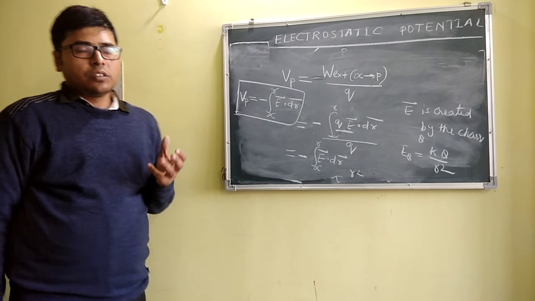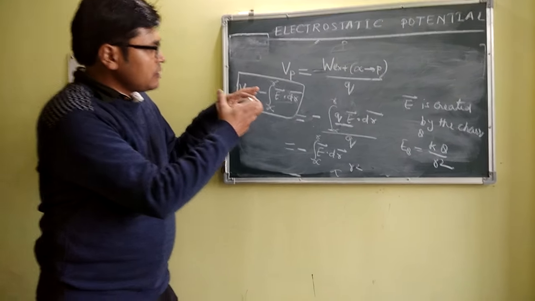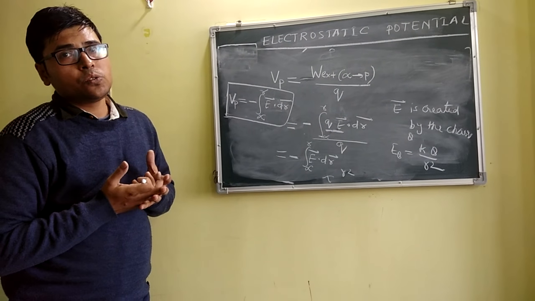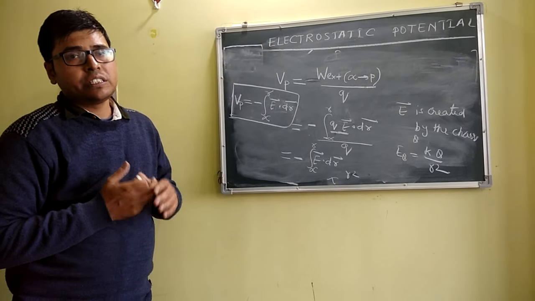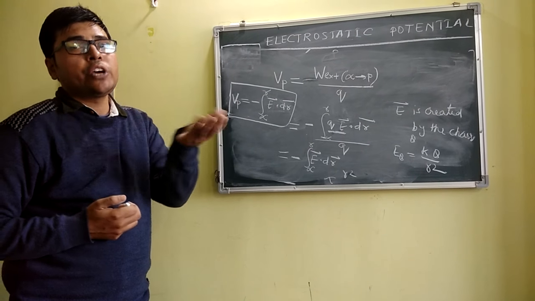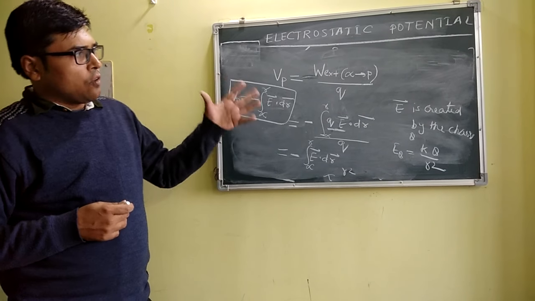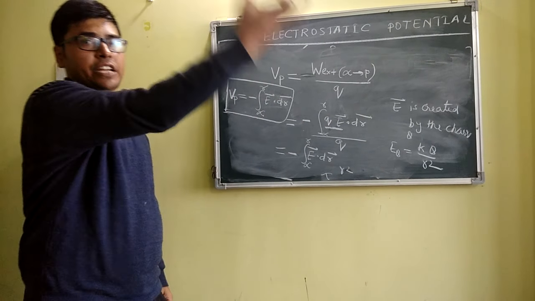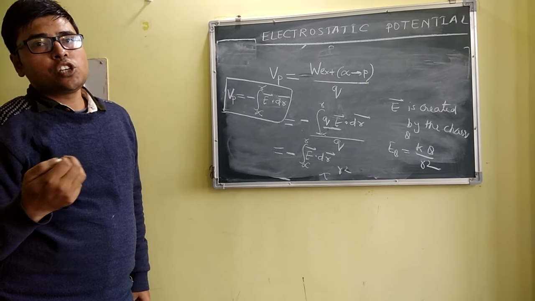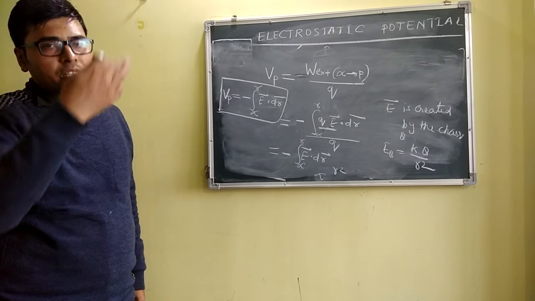So what we did actually, we applied the external force, which was exactly equal to the electrostatic force. Then we evaluated the work done of this external force, and this work done per unit charge was basically the potential at that point in the electrostatic field. Obviously, because we were moving from infinity to point P, at infinity we can assume potential to be zero, because the electrostatic field can be assumed to be zero at a very far away distance.